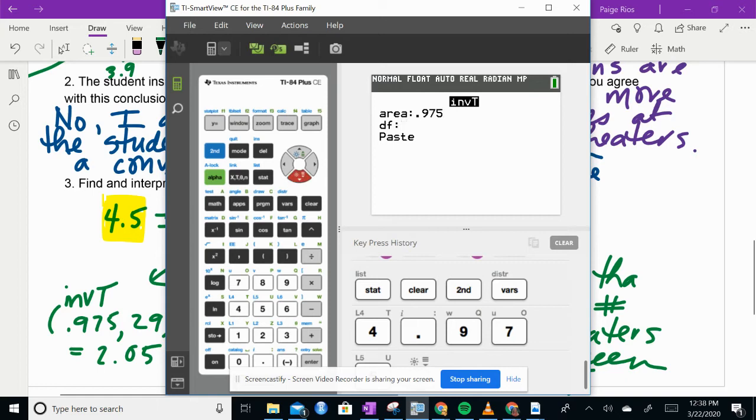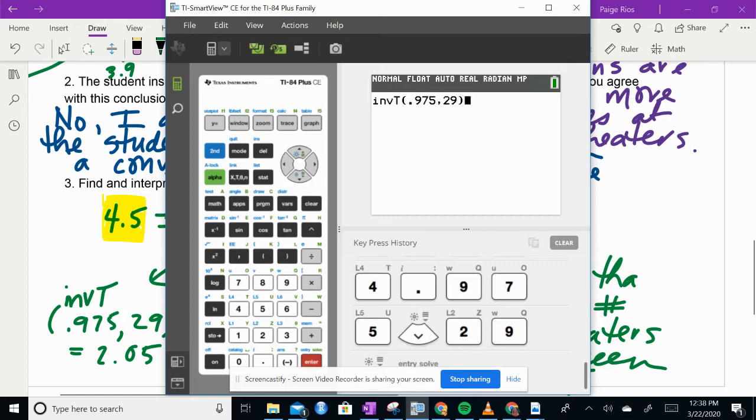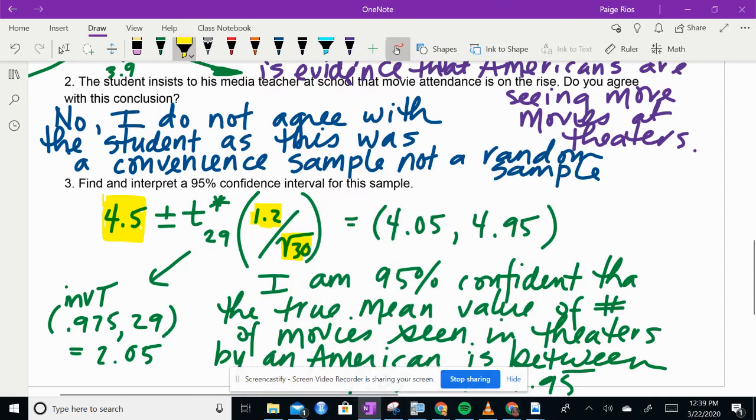My degrees of freedom here is n minus 1, 29, and then I paste that in, and 2.05 is my critical t-score. With that information, you can follow my work down here. I show what was entered in the calculator, and that 2.05 is going to be my critical t.